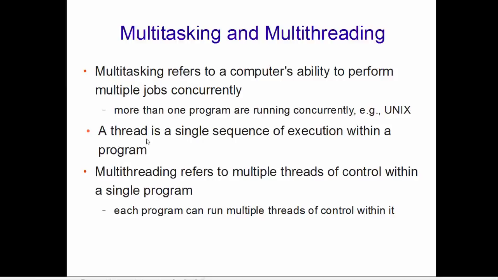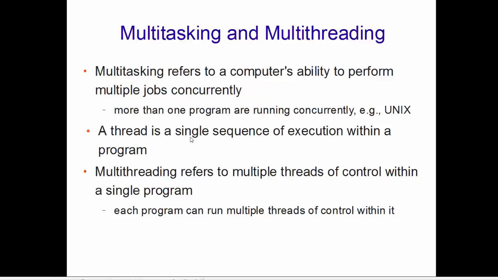Now, on the other hand, a thread is a single sequence of execution within a program. We will see what this means in the later slides, but I will give you an example of a thread. Your computer is running some browser, for example Google Chrome, and this is considered to be a process. So Google Chrome is a program, right? Now whenever you want to open multiple tabs, these tabs are working in parallel, right?